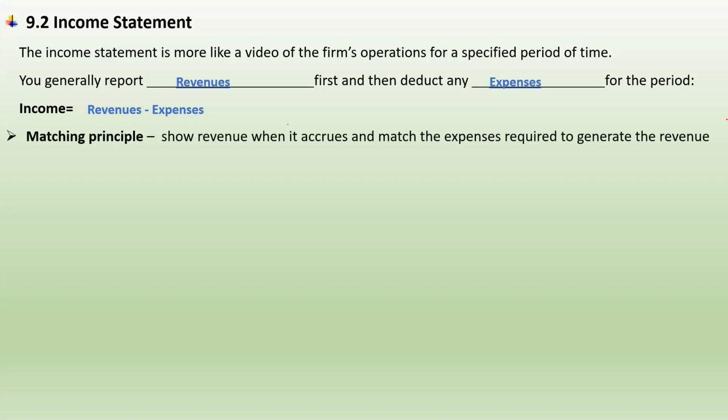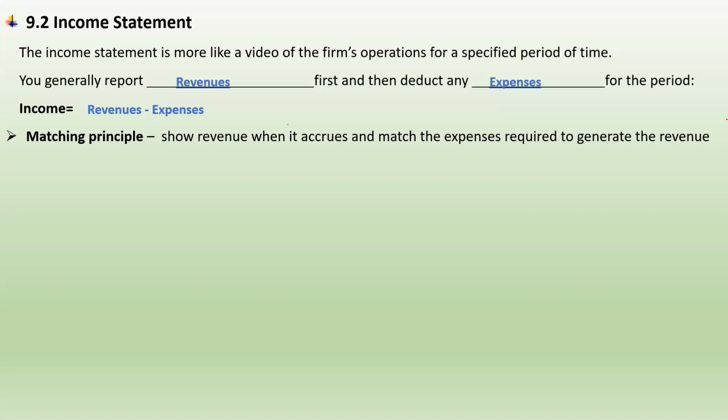Here, you should know that we have the so-called matching principle. If you recognize the revenue, you have to record the expenses. For example, if you have a sale and the cost linked with those products, you may not have paid the cash to your suppliers because your suppliers provide you a credit line.